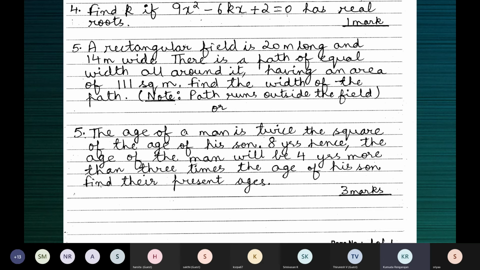And the father would be 2x square plus 8. Present ages plus 8. So 8 years hence, the age of the man will be 4 years more than 3 times the age of a son.